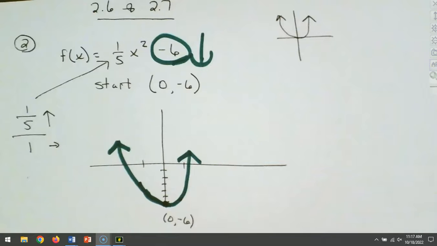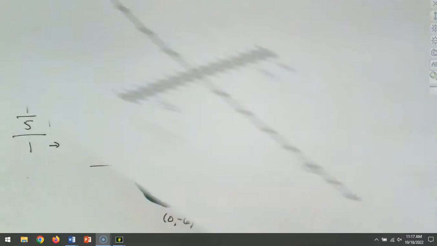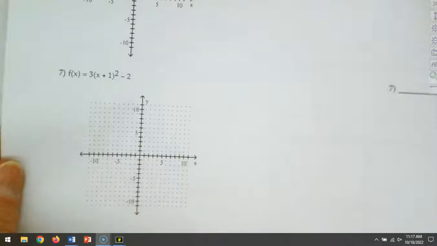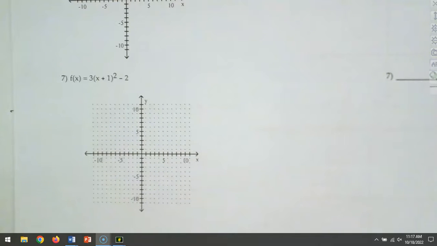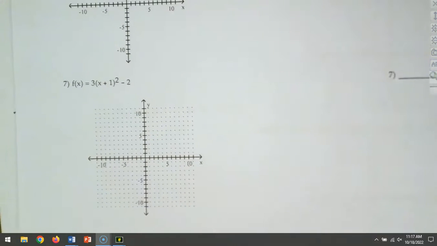Question 7 is the next one that we're going to be looking at. So question 7. We're going to do the same procedure. We're going to graph it. Now, we need to make sure we label where it starts at.